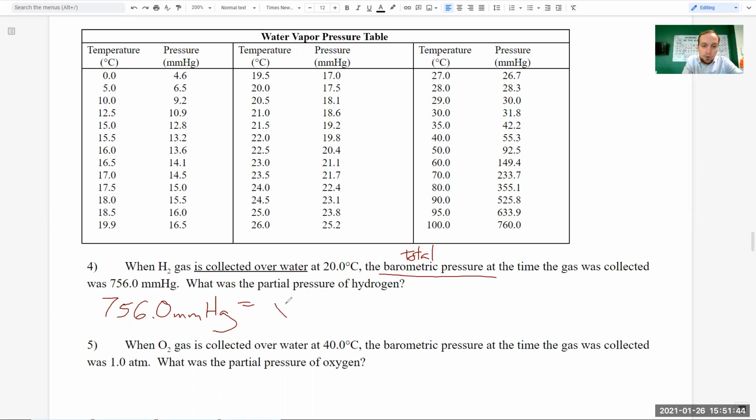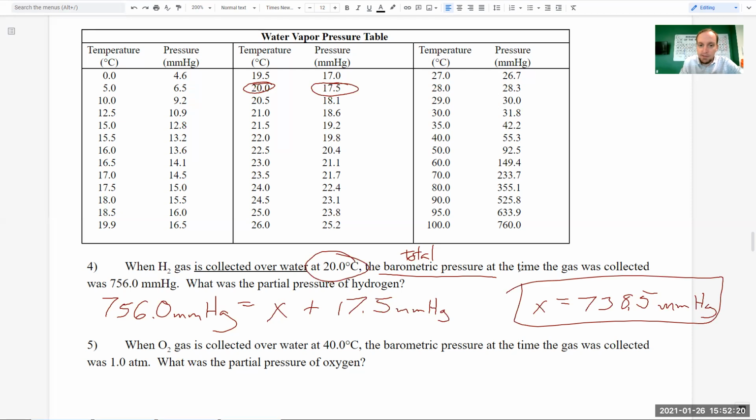So we don't know what our hydrogen is, but we do know what the water pressure is at 20 degrees Celsius. I'm going to look up at the chart. 20 degrees Celsius is right here. That is our water pressure, 17.5 millimeters of mercury. So again, if I'm trying to solve for X, all I need to do is take my total, 756.0, minus 17.5, and I'm going to get my pressure caused by the hydrogen, which is 738.5 millimeters of mercury.